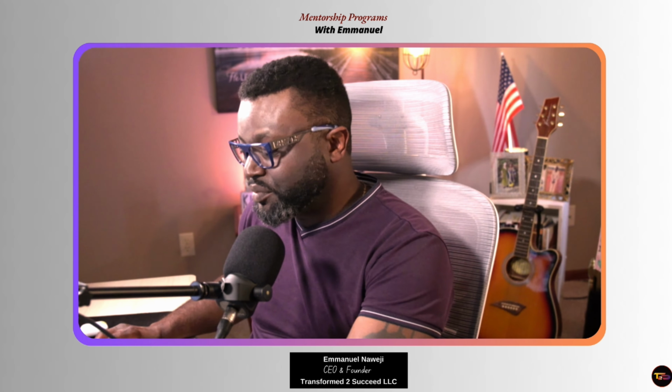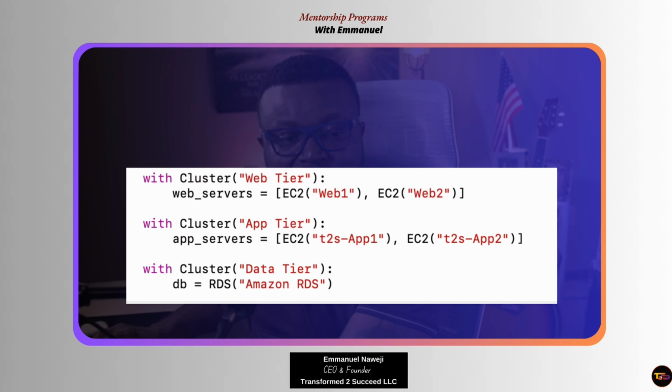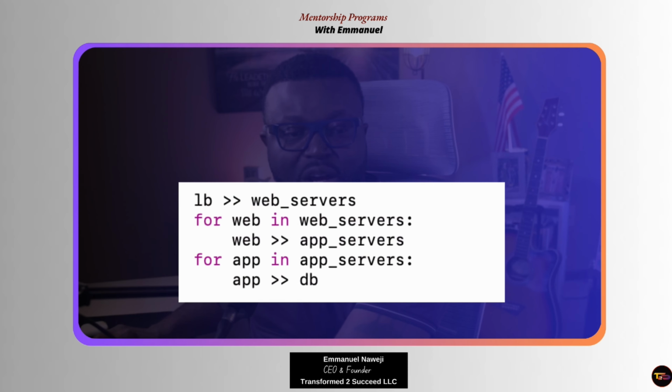I explained that to you. This section creates the different tiers. And when we go here, this is the very last section, which connects the layers together to simulate real data flow in a production system.